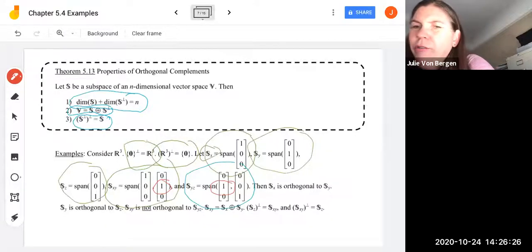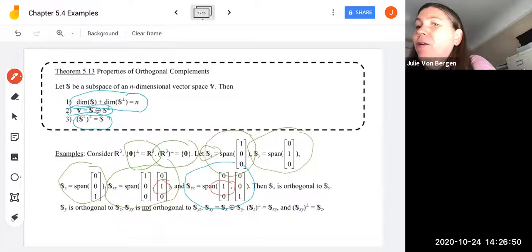You can sort of visualize it: not every element in the planes is necessarily perpendicular. Then S sub xy is going to be the sum of S sub x plus S sub y.